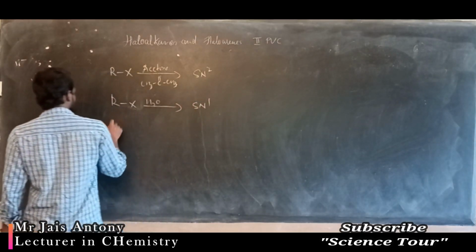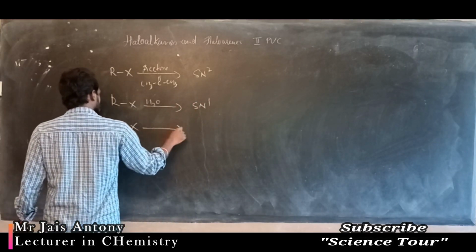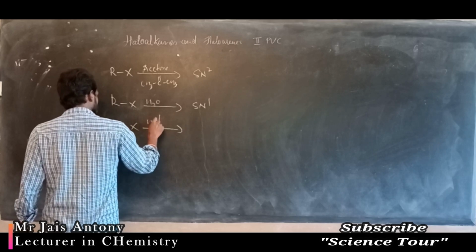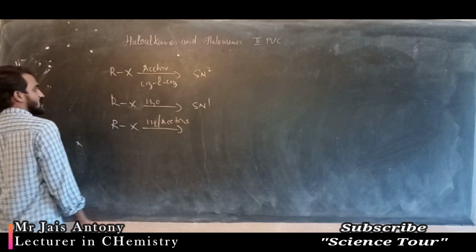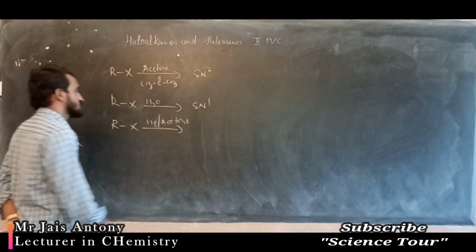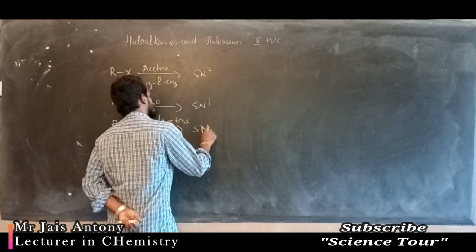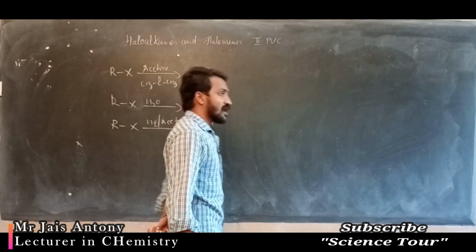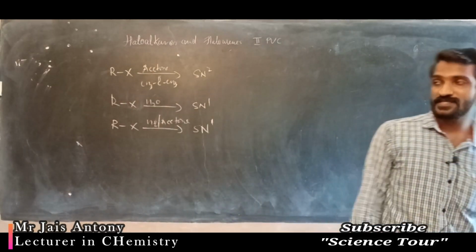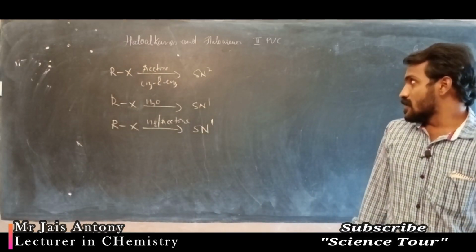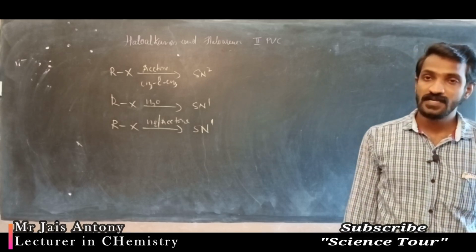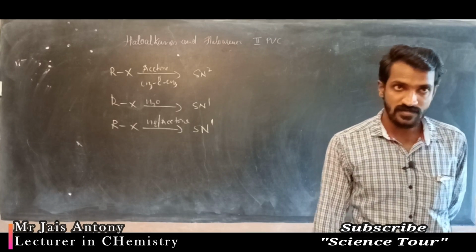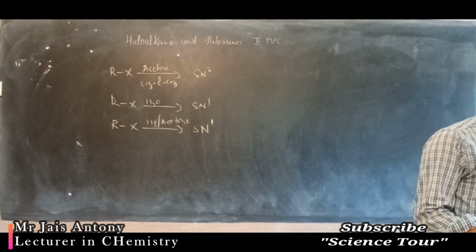SN1. But there is one more case: water along with acetone. Which mechanism does it favor? That question arises. It is SN1. If acetone alone is there, it is SN2. If water and acetone are both there, then it is SN1. Understood? Note down that point.